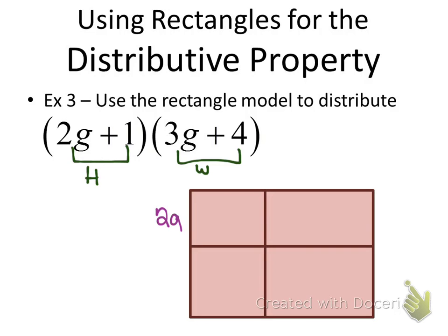So 2G will be your top height. So what's your bottom height going to be? 1. The 3, your second set of numbers, Vernell, is your width. So now we're ready to do our width. So, Cheyenne, what's the width of this section? Okay. What's the width of my second section, Cheyenne?